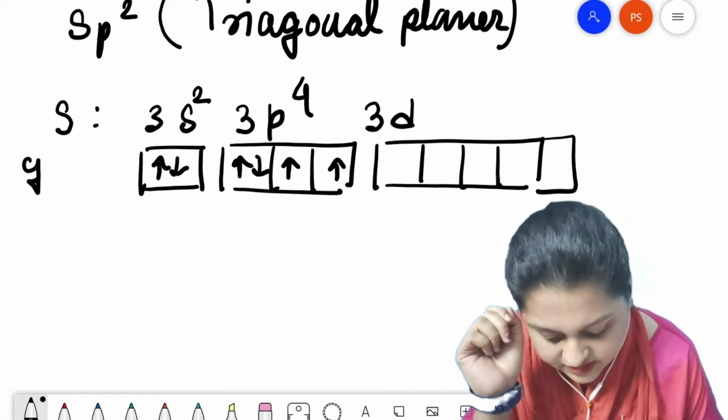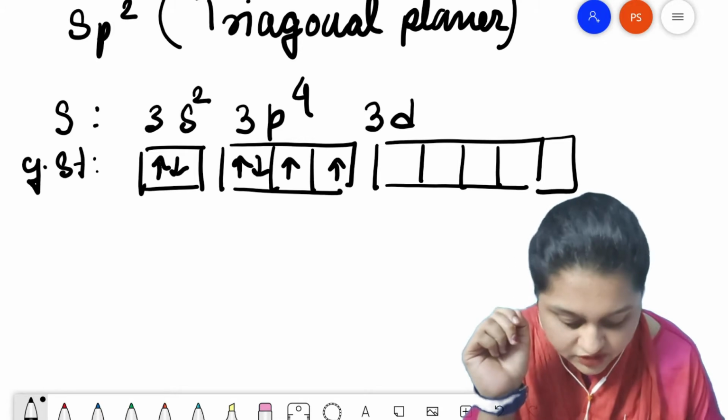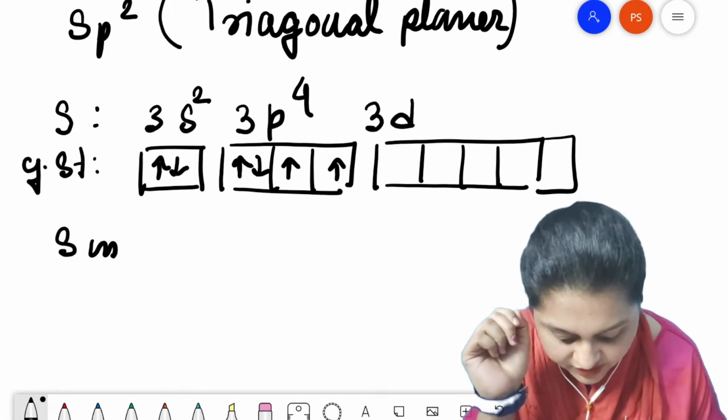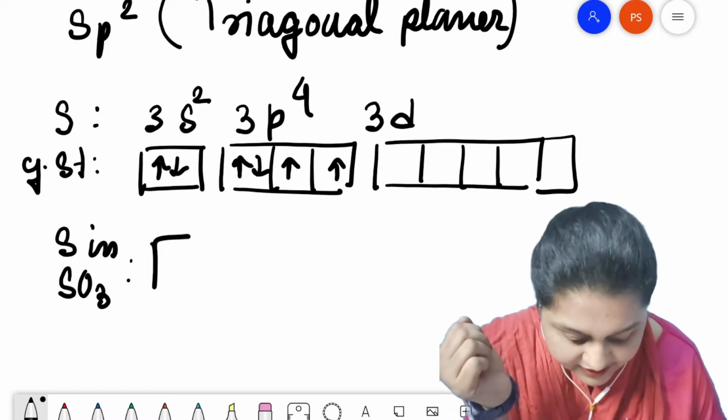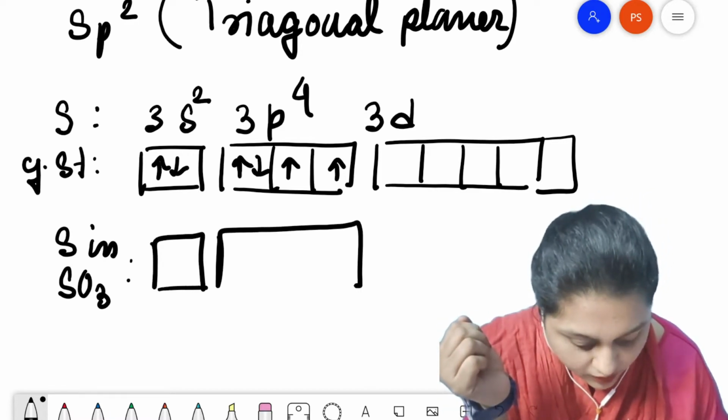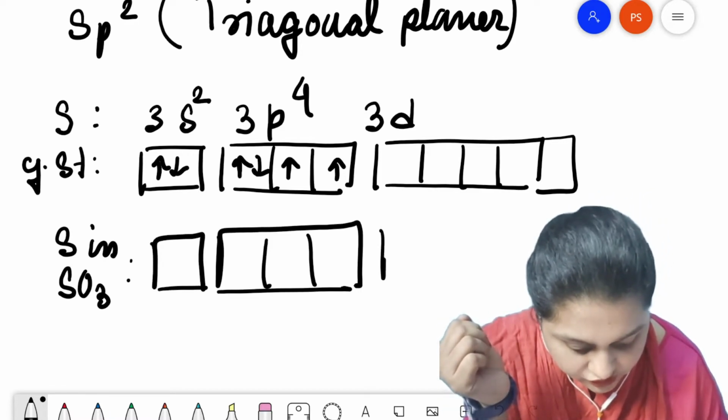This is the ground state electronic configuration of sulfur. Now, sulfur in SO3 in an excited state requires 3 unpaired electrons.